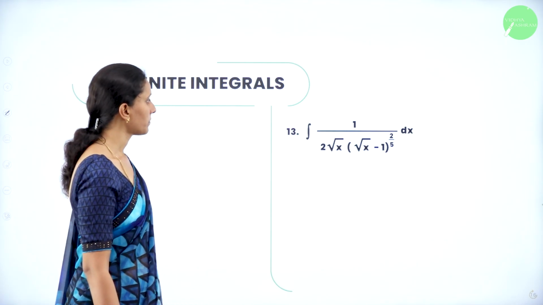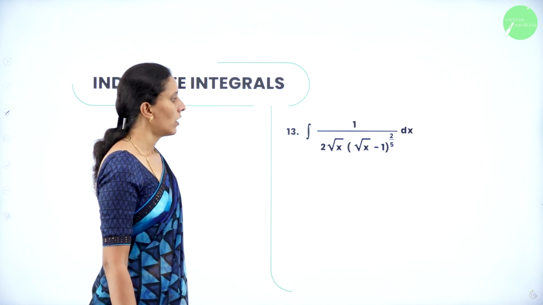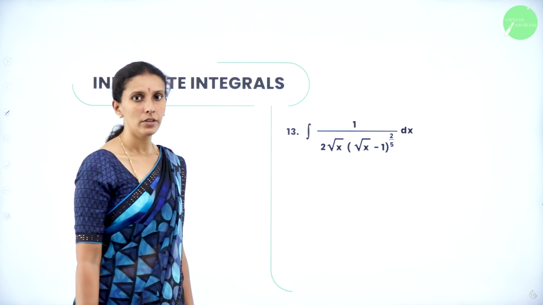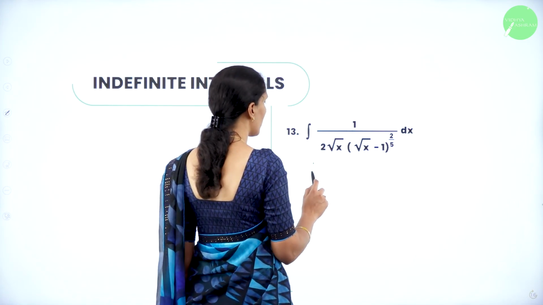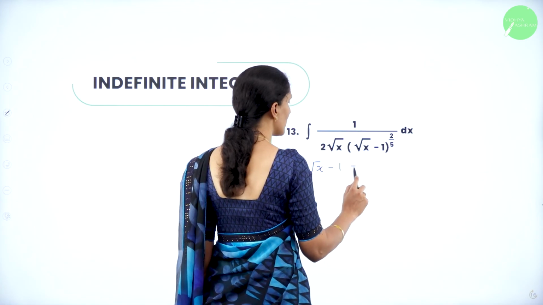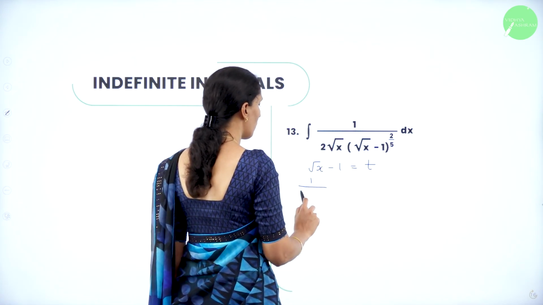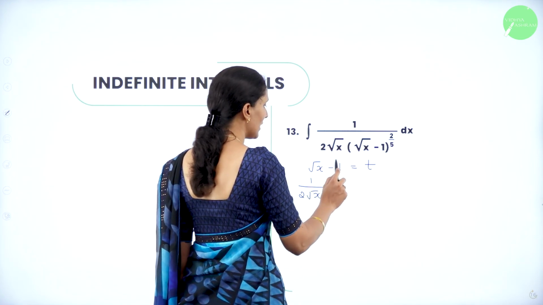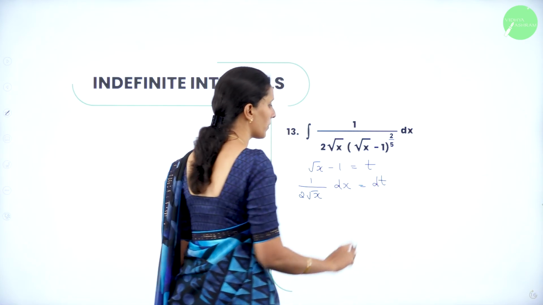Next one, 1 by 2 root x into root x minus 1 to the power 2 by 5 into dx. So let's take root x minus 1 is equal to t. The derivative of root x is 1 by 2 root x, and of 1 it is 0, so 1 by 2 root x into dx is equal to dt.